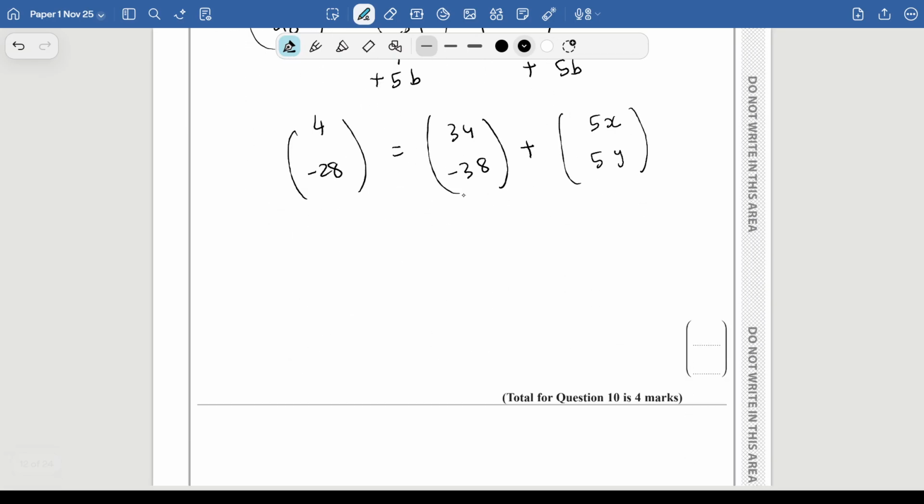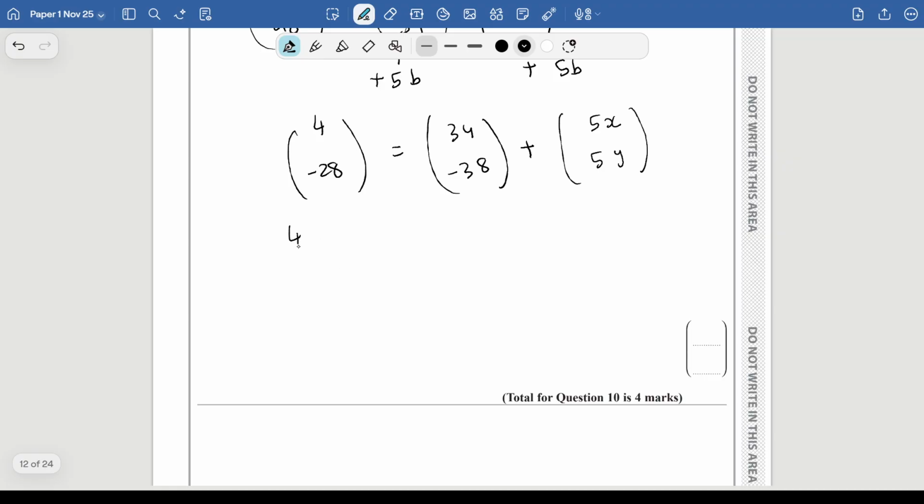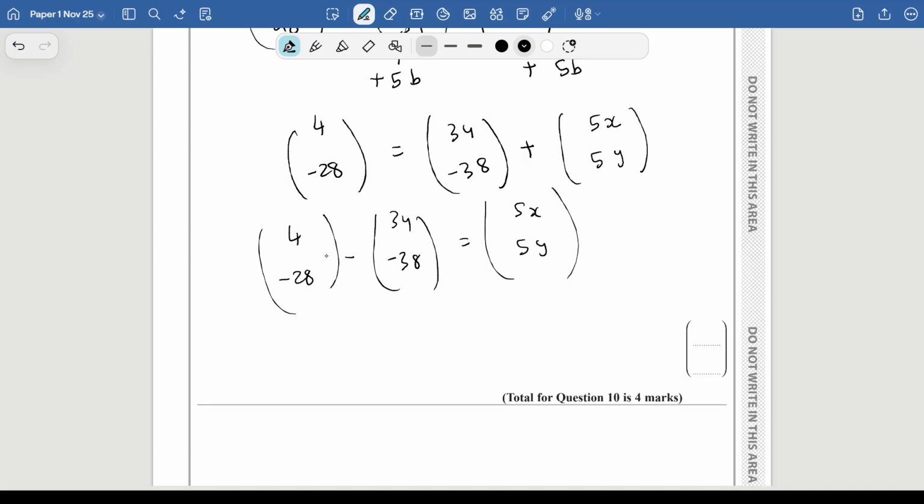And then I subtract 2c on both sides: 4 minus 34 and negative 28 minus negative 38 equals 5x and 5y. So 4 take away 34 is negative 30. Negative 28 minus negative 38 should be plus 10. So this is 5x, 5y.